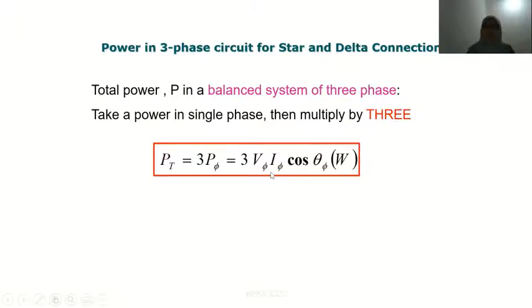First you find the real power of a single phase, and you multiply by 3, and then you get the P total for the three-phase circuit.